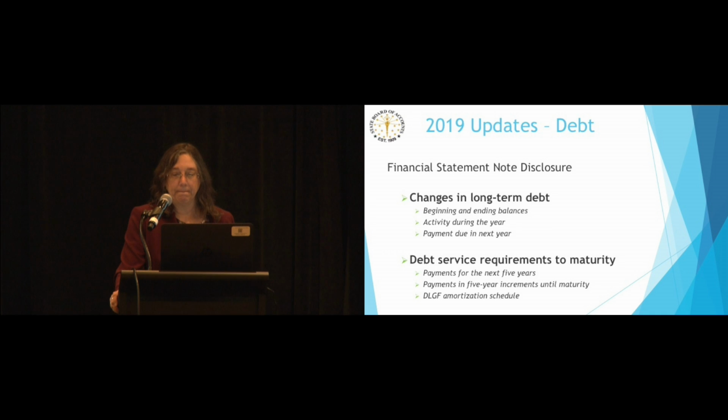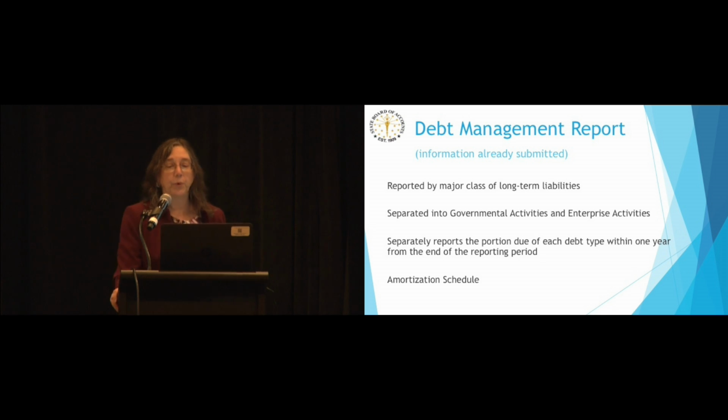So I know what you're thinking right now. Where is this information going to come from, and how much more work is it going to be for me to do? So first, you do enter much of this information through DLGF's debt management report, especially those debt service requirements to maturity.